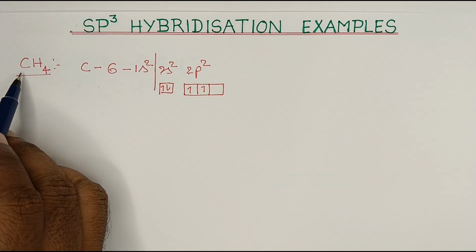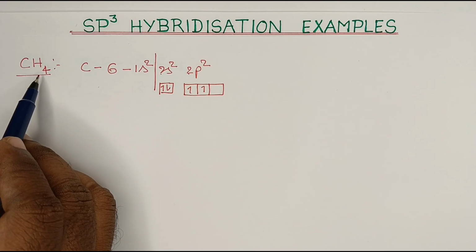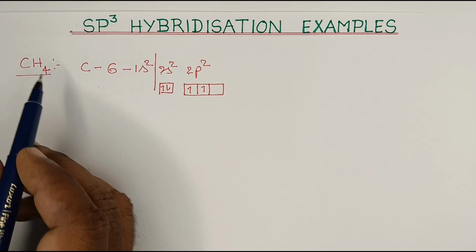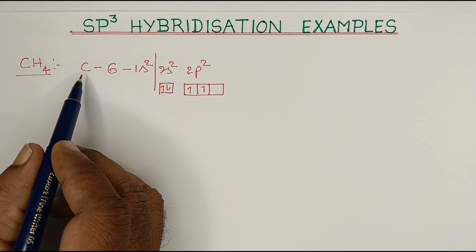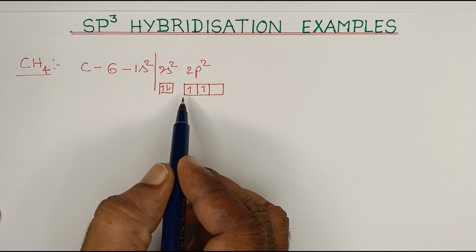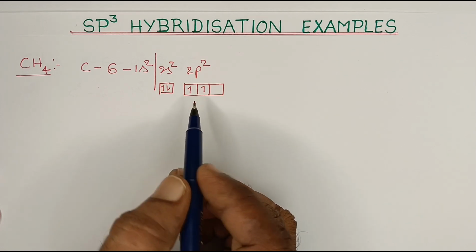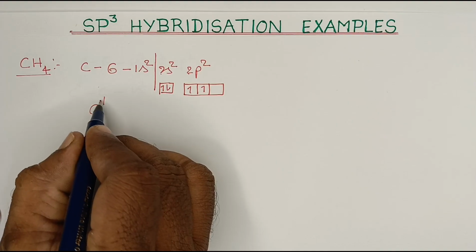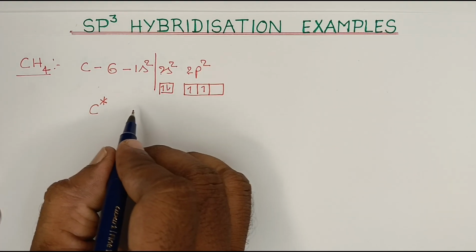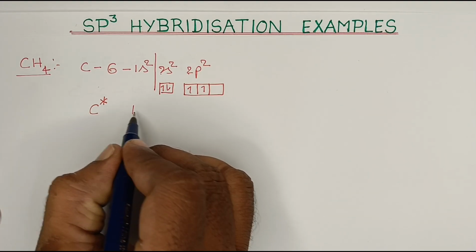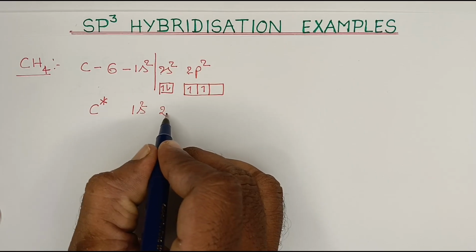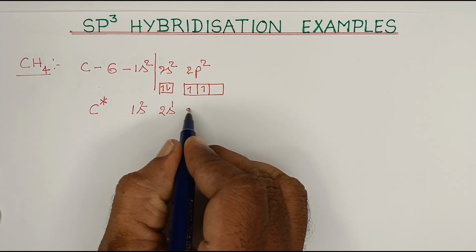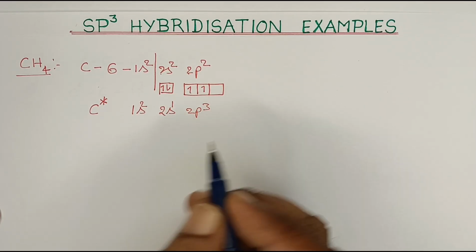Carbon is combined with 4 hydrogens, so carbon should have 4 unpaired electrons, but it has only 2 unpaired electrons, so we have to excite carbon. On excitation, the electron configuration will be 1s2, 2s1, 2p3.